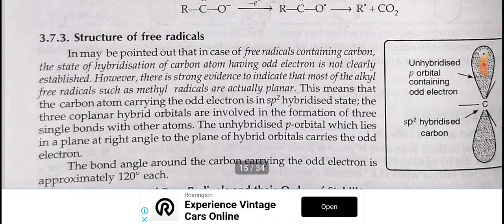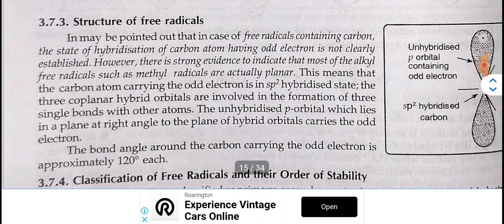Structure of free radicals. It may be pointed out that in the case of free radicals containing carbon, the state of hybridization of the carbon atom having the odd electron is not clearly established. However, there is strong evidence to indicate that most alkyl free radicals such as the methyl radical are actually planar.